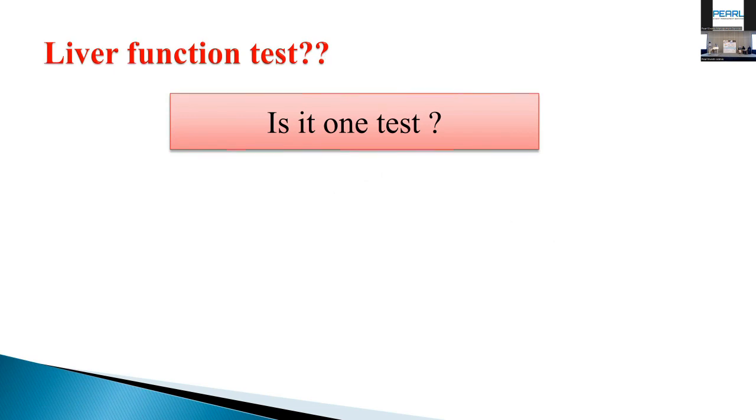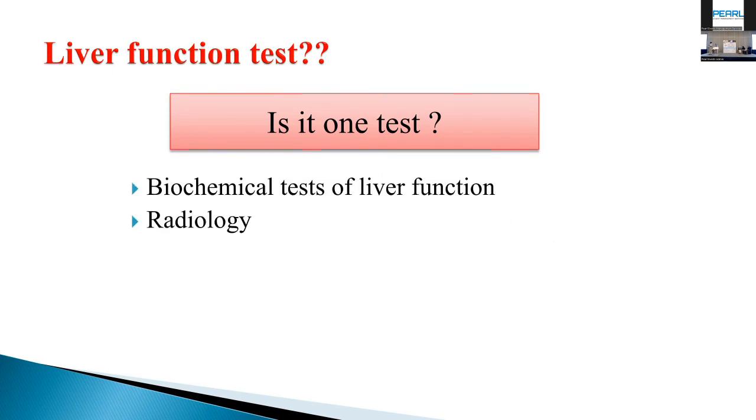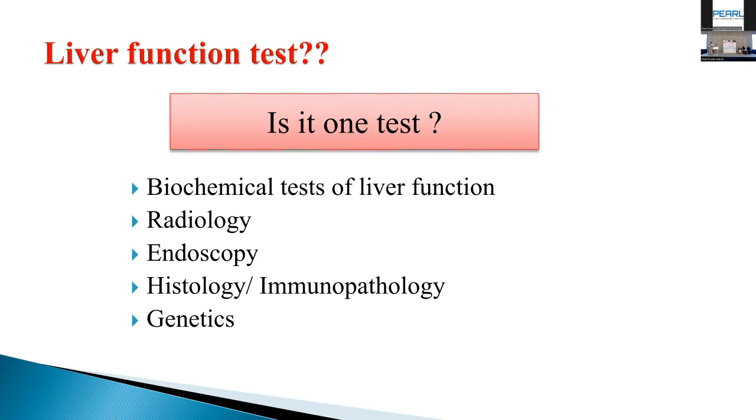It can be a biochemical test, a radiological test, endoscopy to look for varices if you have liver fibrosis, a genetic test, or histology. So it consists of multiple things, and you need to put the puzzle together to get an understanding. One simple test is not going to give an answer. It's a multitude of tests, just like putting up a puzzle, and finally you will come up with an answer.